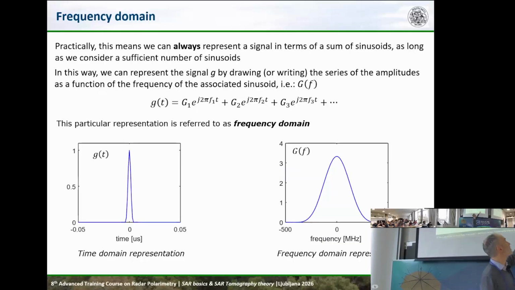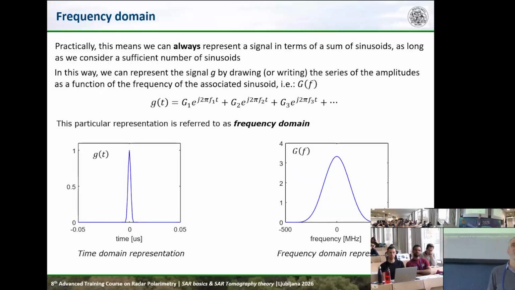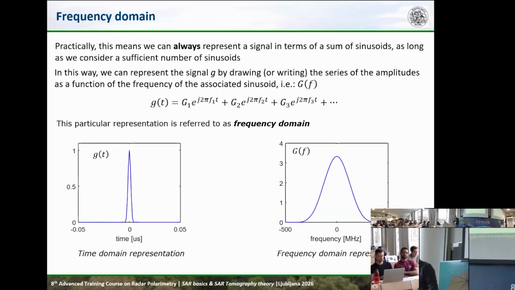If I want to know the amplitude of this particular frequency, I just have to see the amplitude of this curve. So, time domain representation and frequency domain representation. There are 2 equivalent ways to express a signal, so to communicate to someone how the signal is.